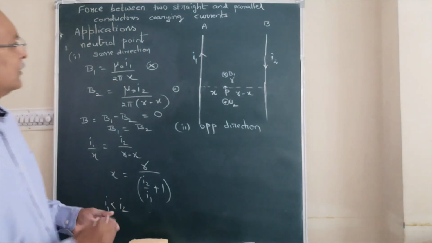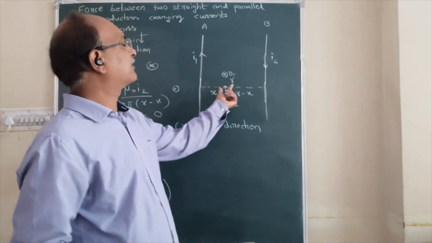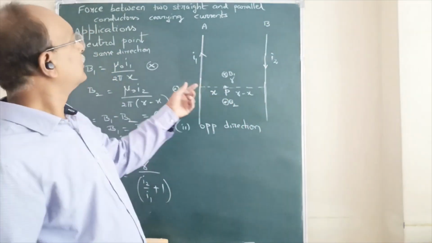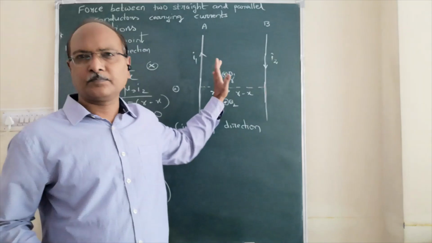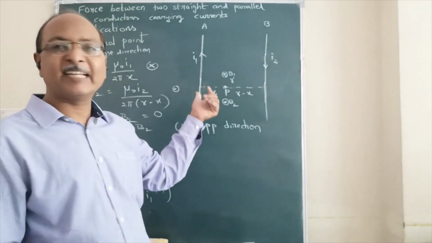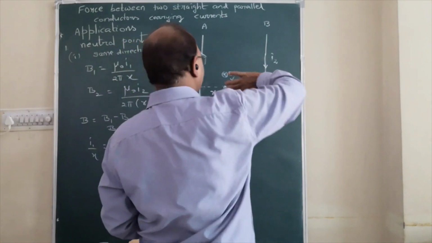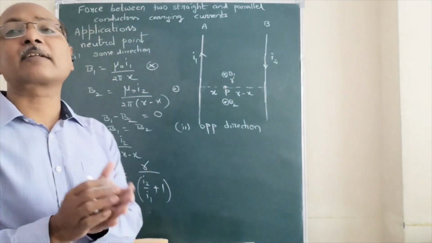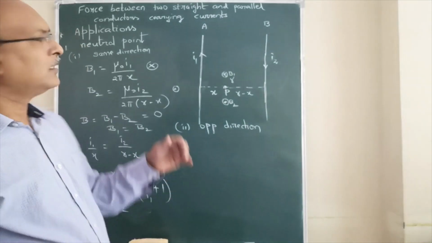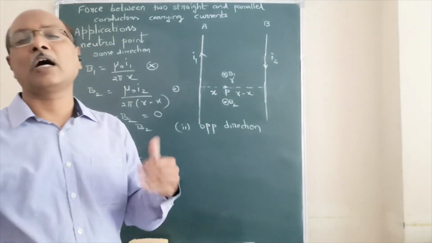Now, in between, if you see, due to both the currents the magnetic field will be in the same direction. Due to this one it is into the plane, and due to this one also it is into the plane. They cannot cancel. Therefore, the neutral point will be located outside.